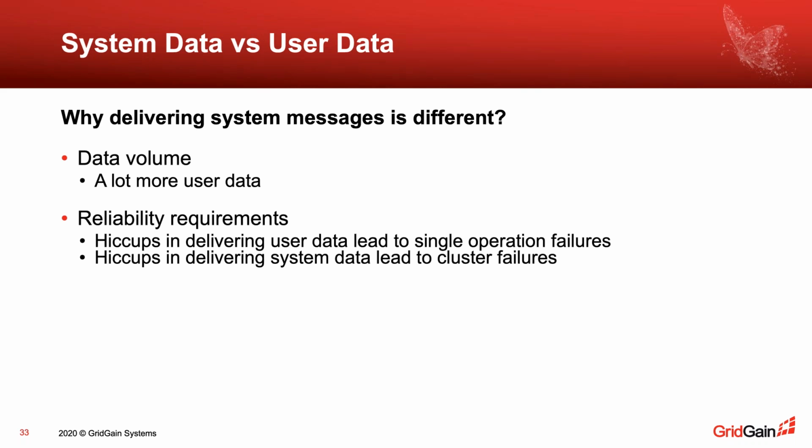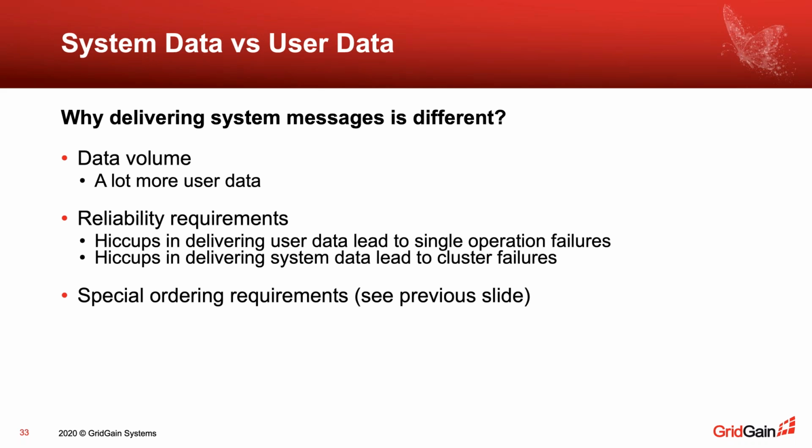But if we have an issue with delivering system level messages, this is something that can cause node failures or even cluster failures. So while delivering user data needs to be reliable, delivering system data needs to be absolutely reliable. And this is an important difference.